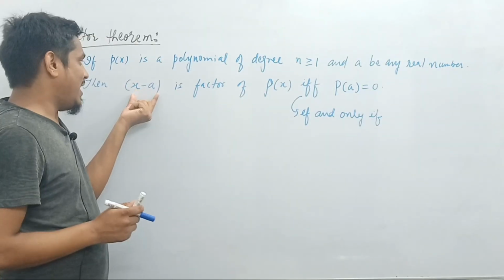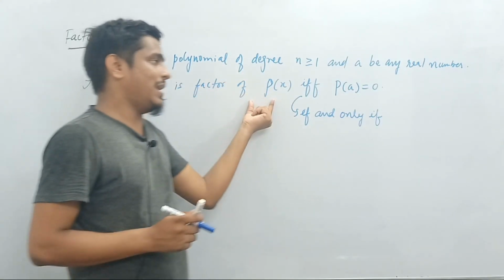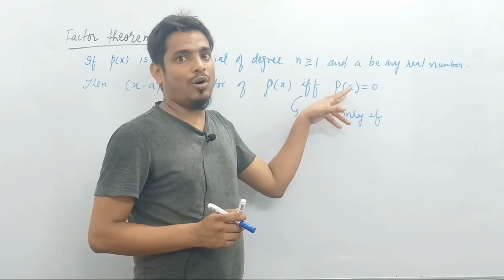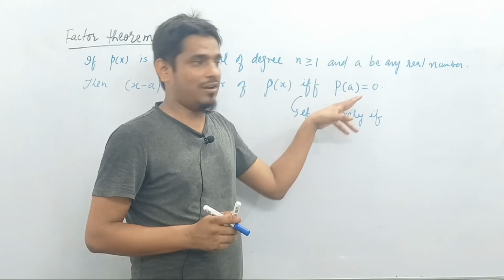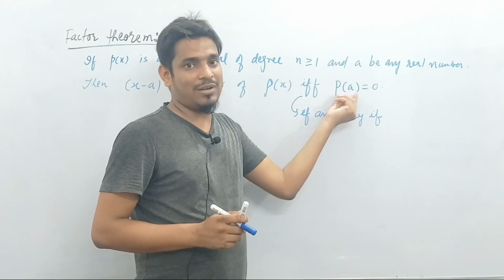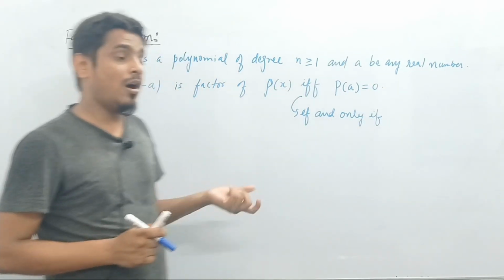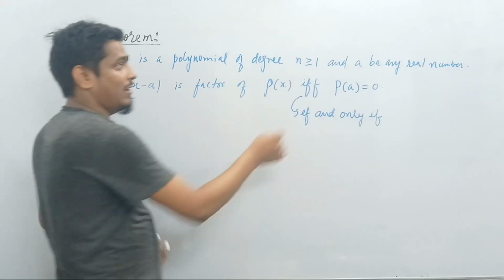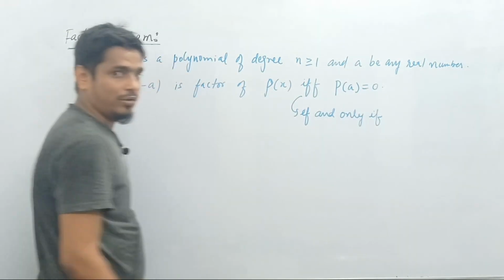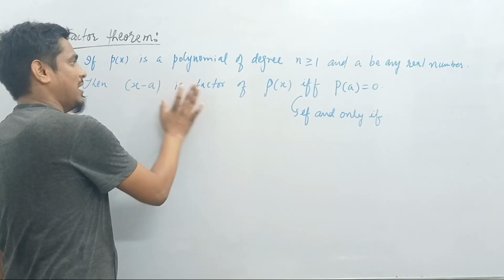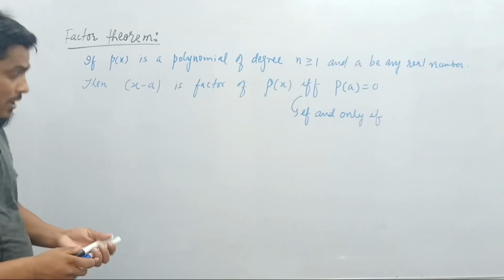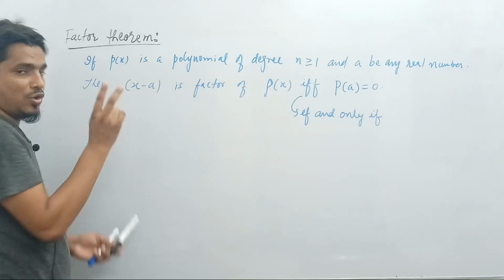I mean, if x minus a is a factor of p(x), then the value of the remainder will be 0. p(a) means the remainder will be 0. Or another way, if p(a) is equal to 0, then x minus a will be a factor of p(x). So let's try to break down this statement into two parts.